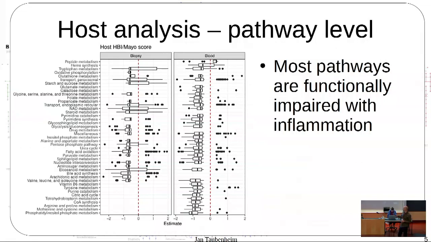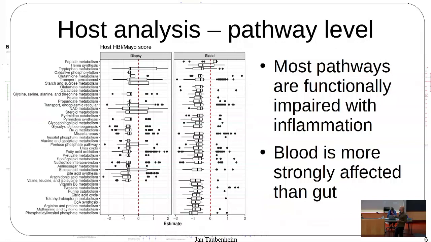Everything above 0 means it's high in inflammation, below 0 means low in inflammation. That tells you there are a lot of metabolic pathways involved, and most of them are downregulated. So we see a loss of metabolic functions with inflammation, and the blood is more strongly affected here. However, if you look a little bit closer, you can make out some very interesting patterns.